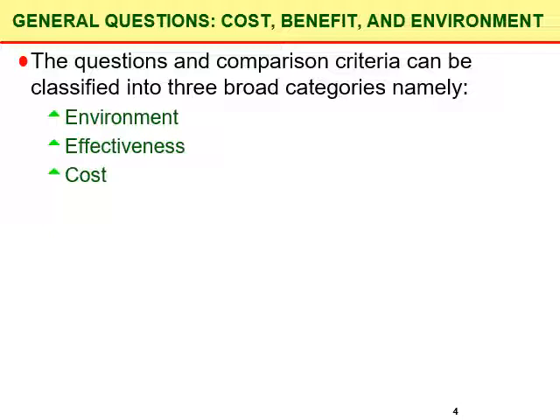So these questions and comparison criteria could be classified into three broader categories, that is environment, effectiveness, and cost. And we will have our discussion in the upcoming slides based on these criteria.